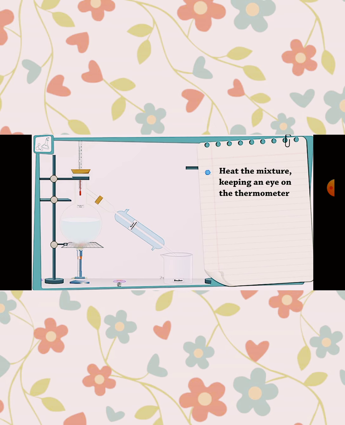Heat the mixture, keeping an eye on the thermometer. When the temperature hits 56 degrees Celsius, acetone starts to vaporize.